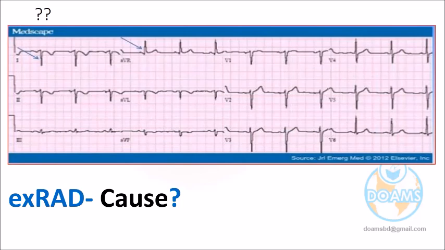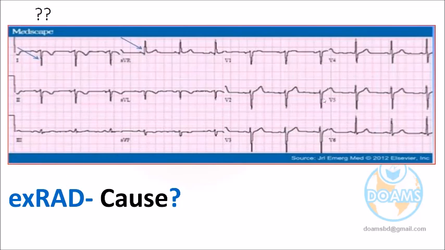Otherwise, everything will be reversed. Look at aVR. Where is aVR? This one. Usually we think that aVR will be down, but here aVR is up. That means the axis is deviated to the right. So this is extreme right axis, no problem.